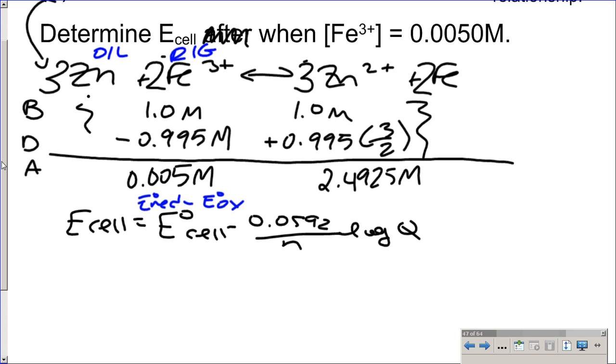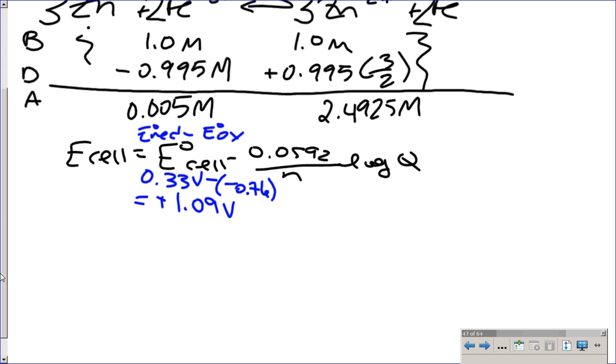Don't just look at iron, because you remember there's iron 2 in there someplace. That one is 0.33 volts. I used a different reduction potential list, so I only have 2 numbers on mine. So 0.33 volts minus zinc, which is oil, which is negative 0.76. So that makes a positive 1.09 voltage. That's our E cell if it were at standard conditions.